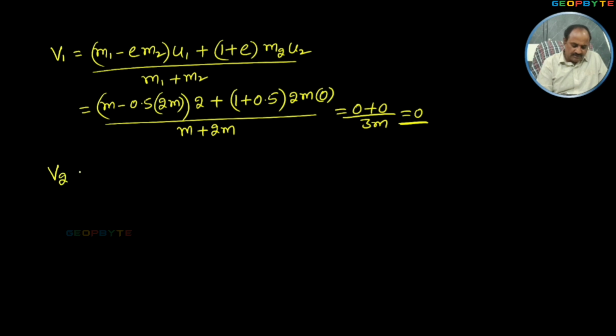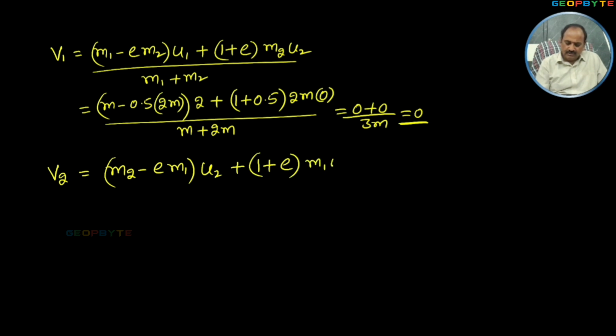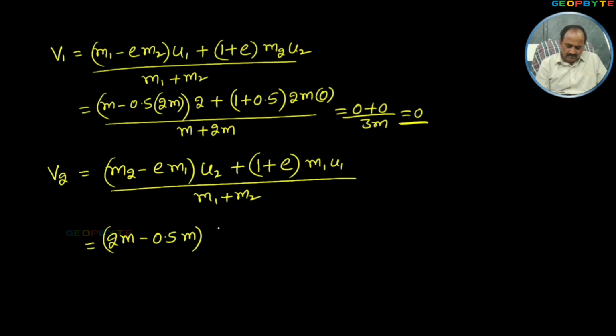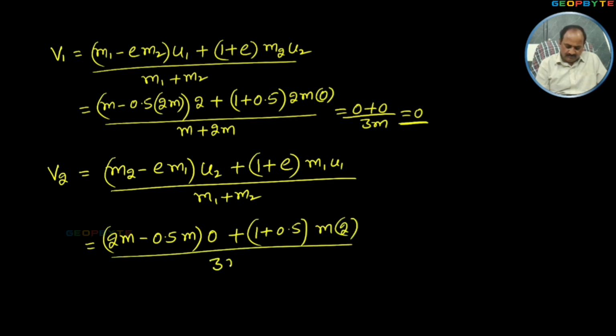Similarly, velocity of the second particle after collision is m2 minus e m1 multiplied by u2 plus 1 plus coefficient of restitution into m1 u1, whole thing divided by m1 plus m2. Let us substitute values. m2 is 2m, minus 0.5 times m into u2 0, plus 1 plus 0.5 into m1 is m, u1 is 2, dividing by 3m.